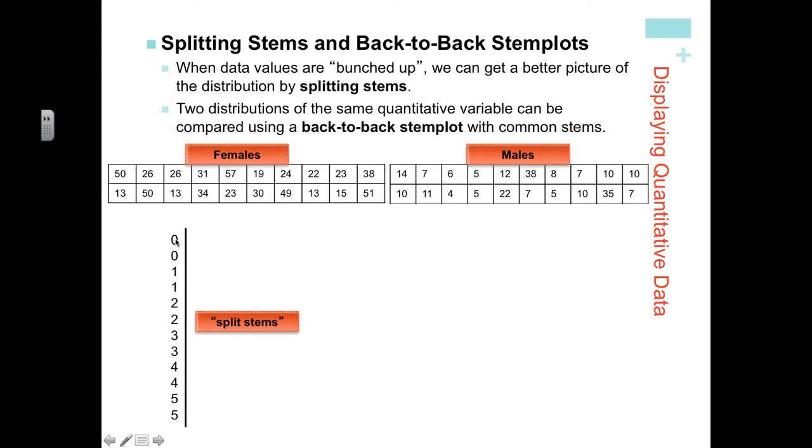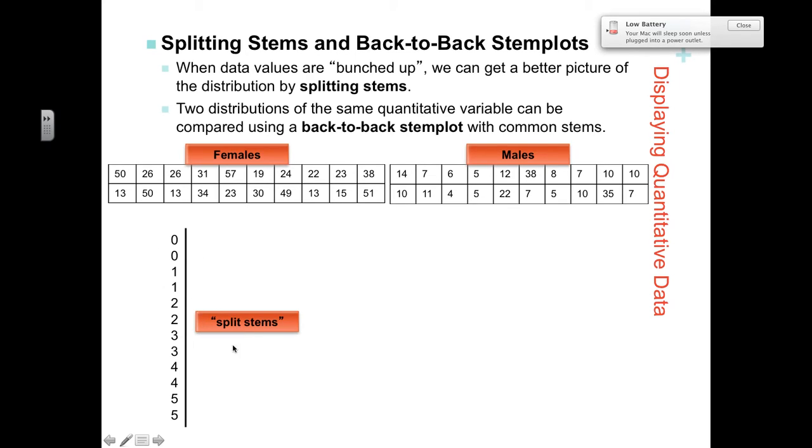So if you had 1 to 4 here, and then 5 to 9 here, and then here you would have 10 to 14, and here you would have 15 to 19.